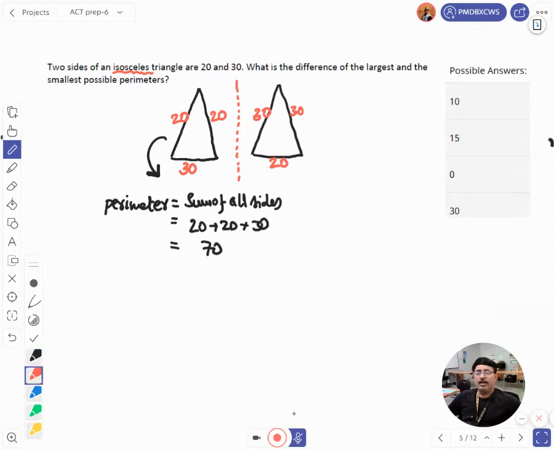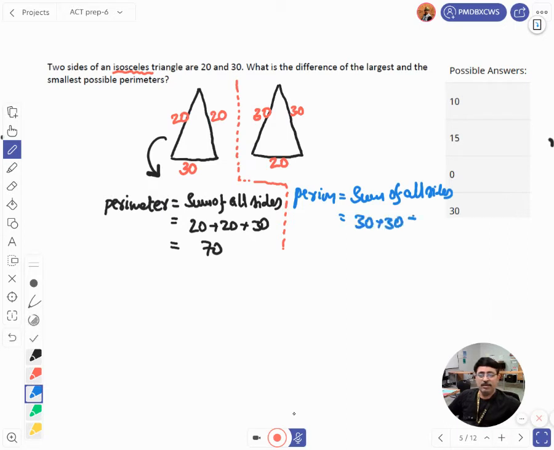Coming to the second one, I have to find the perimeter of this one too. The perimeter is the sum of all the sides. Therefore, 30 plus 30 plus 20 gives me 80.